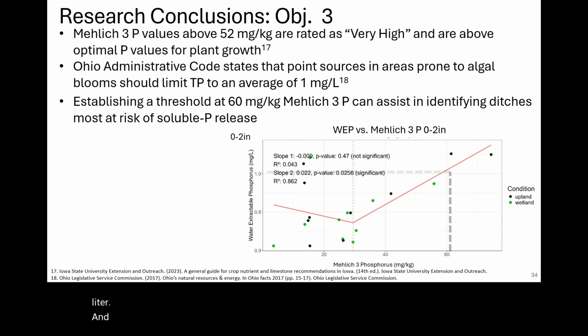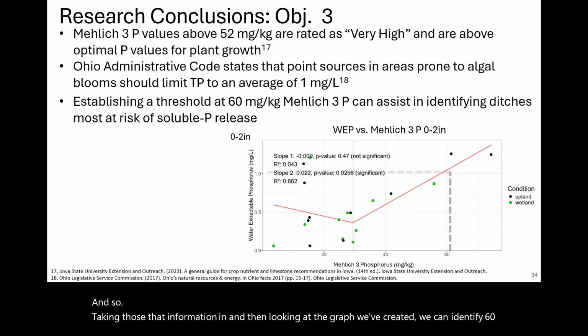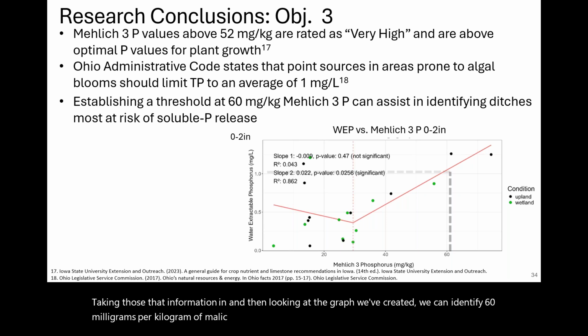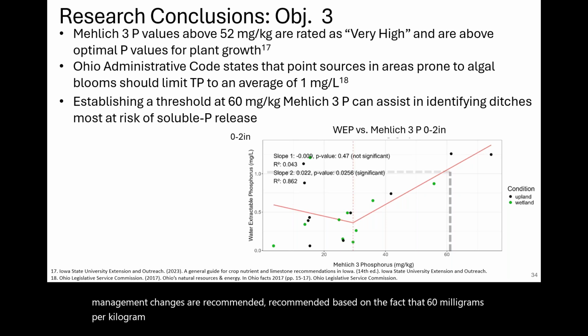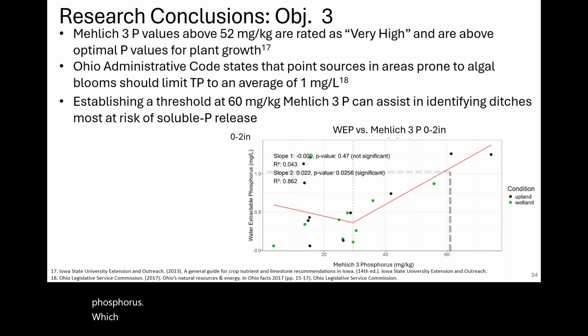And so taking that information in and then looking at the graph we've created, we can identify 60 milligrams per kilogram of Mehlich 3P as a potential threshold above which ditch management changes are recommended, based on the fact that 60 milligrams per kilogram corresponds fairly closely with 1 milligram per liter of water extractable phosphorus, which would correspond back with the Ohio Administrative Code limit.